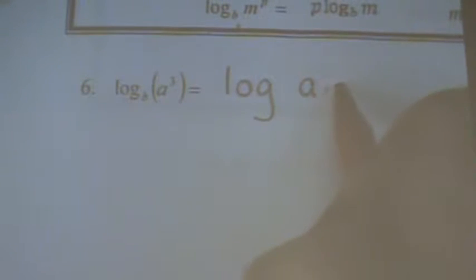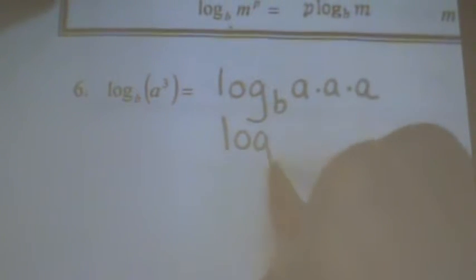Your third property deals with multiplication, but it's repeated multiplication. So what you have here is log of A times A times A. Do you agree that A times A times A is A to the third? Yes.